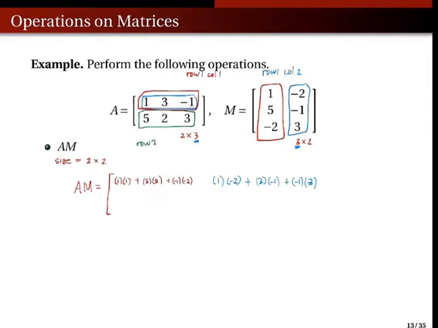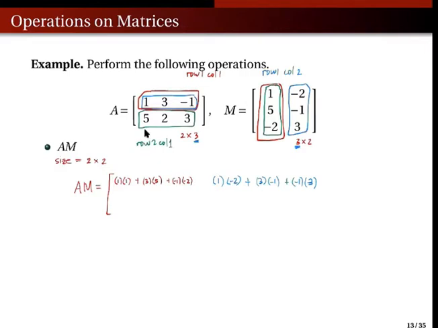And then, let me use row 1, column 1 in M. Okay? So, row 2, column 1. So, second row of A, first column of M. So, we must write the multiplication at the second row and first column. So, this part here.